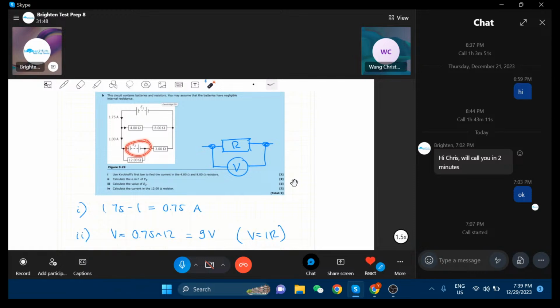Whereas here you have the source, which is basically put across the resistor with a fixed value. That's why there's also a current from E1 that can also contribute.